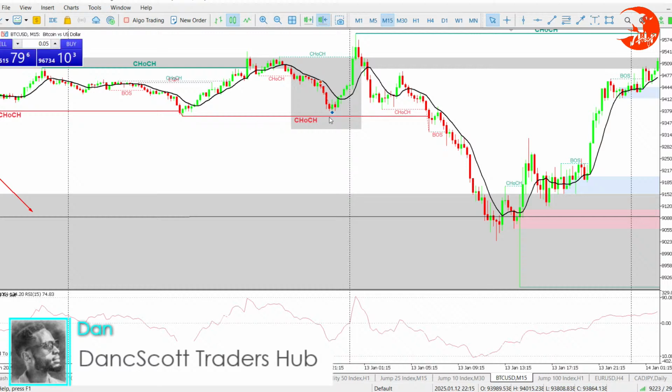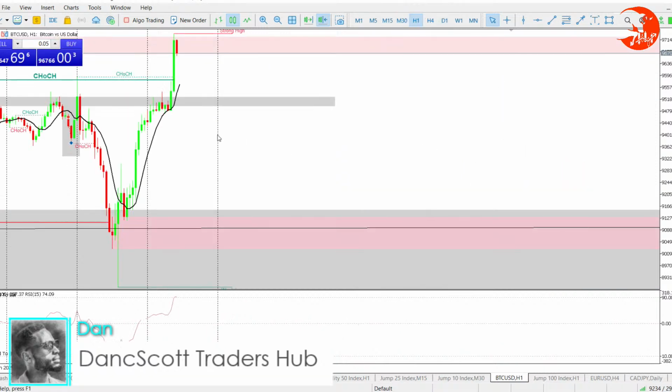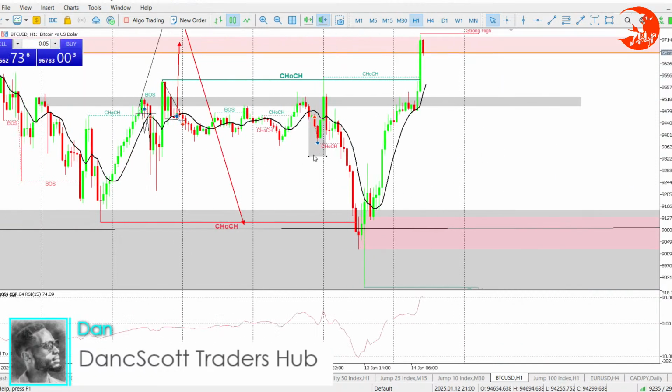It came to this level and didn't break that change of character to continue, but we saw it being broken again once here, again right here. So that's how we were able to make money on this asset last week and even this week on Sunday right there.